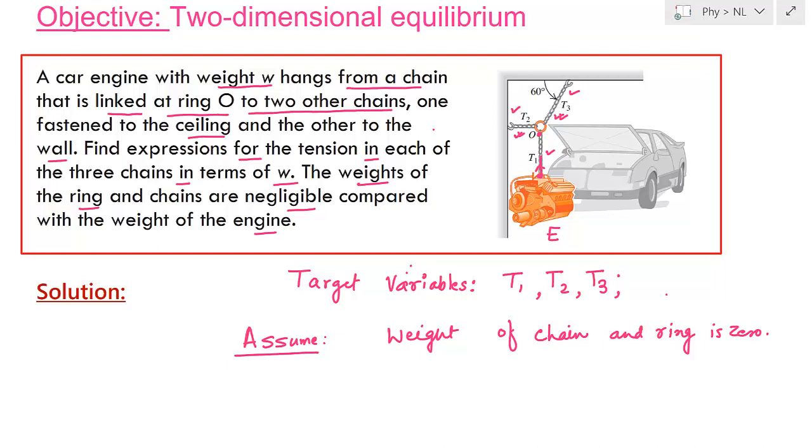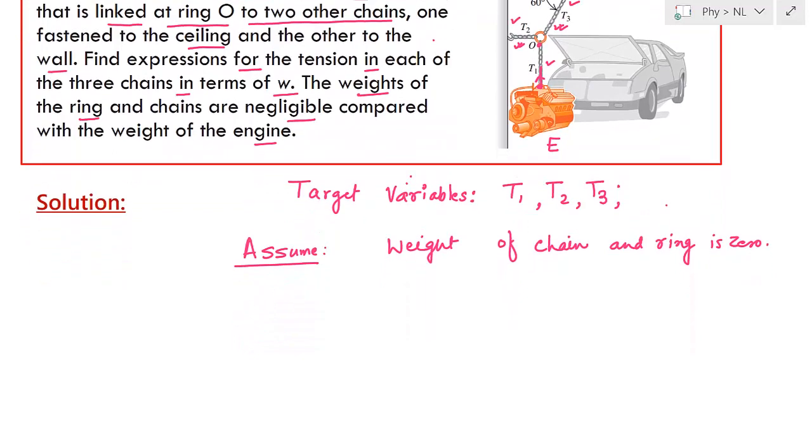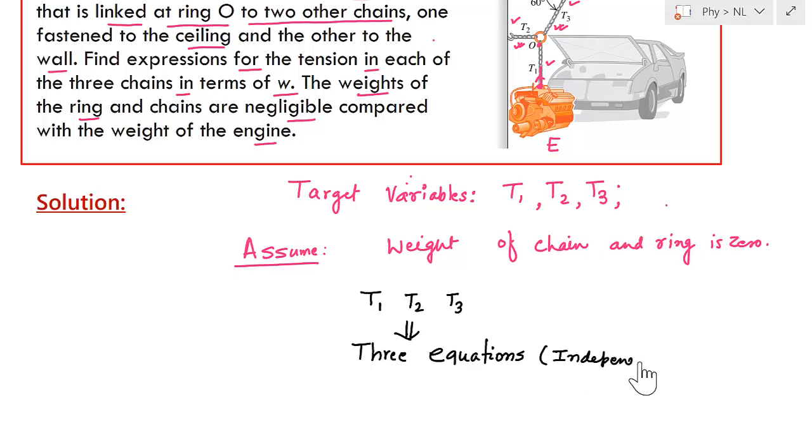Now how will you solve this problem? In this case there are three unknowns, T1, T2 and T3. If you want to solve this, you require three equations, and of course these equations have to be independent.